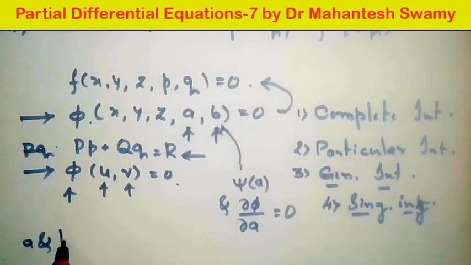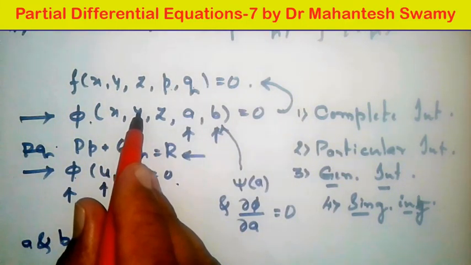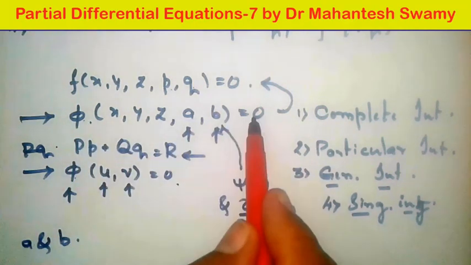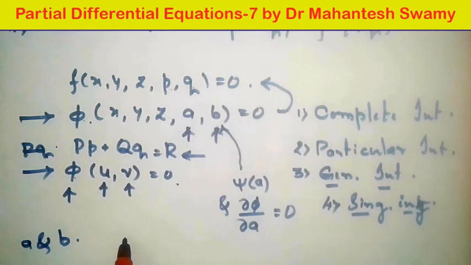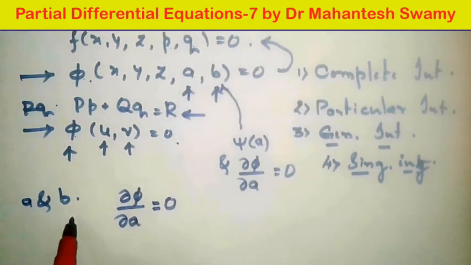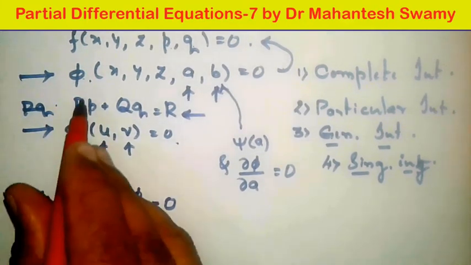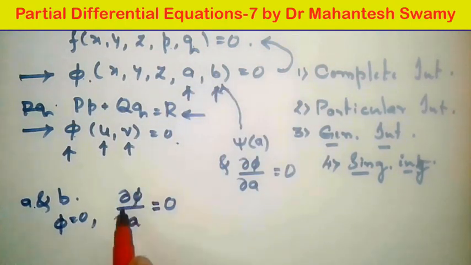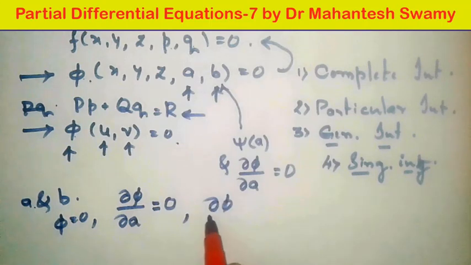We have to eliminate a and b both from the complete integral, and in order to do this, we have to consider the complete integral, and another equation, that is the partial derivative of phi with respect to a equated to 0, which gives us an equation. We have to eliminate a and b between the complete integral phi equal to 0, the second equation, and the third equation, dou phi by dou b equal to 0.